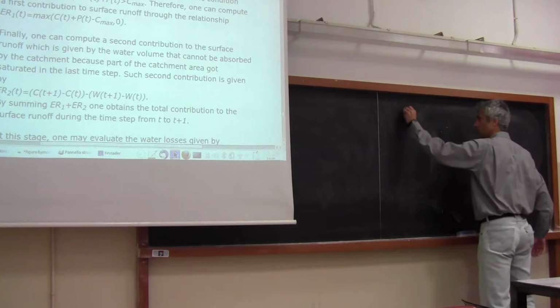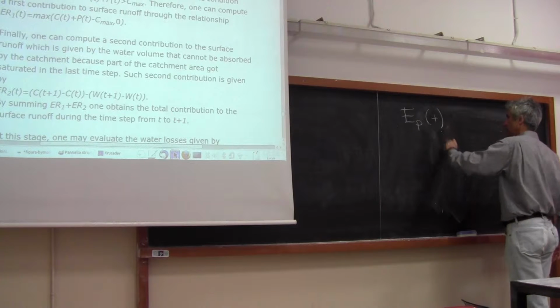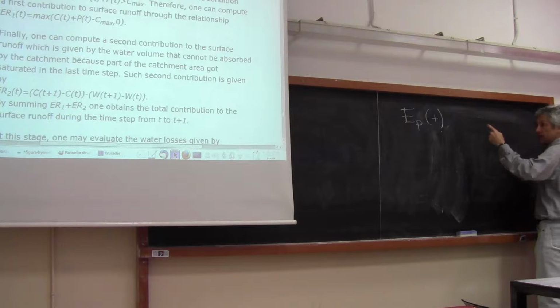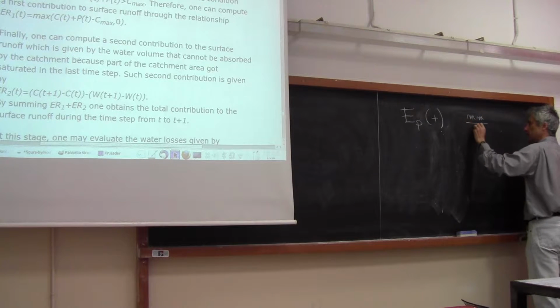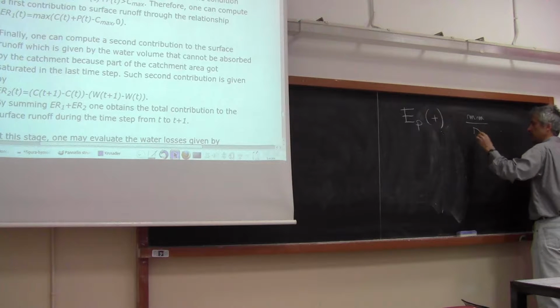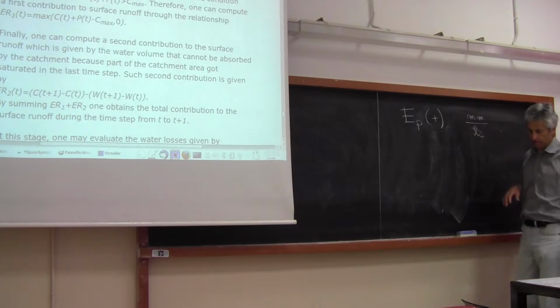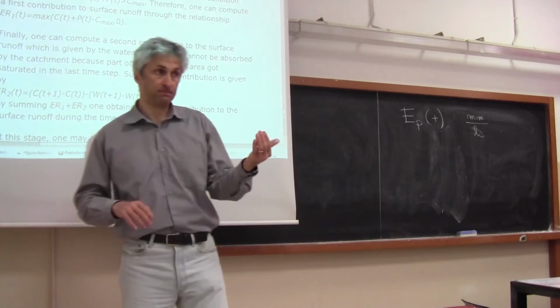It is usually called EP at time t, and usually it is measured as a rate, so it is usually expressed in millimeters over time, millimeters per second or millimeters per hour. So the same unit as rainfall.